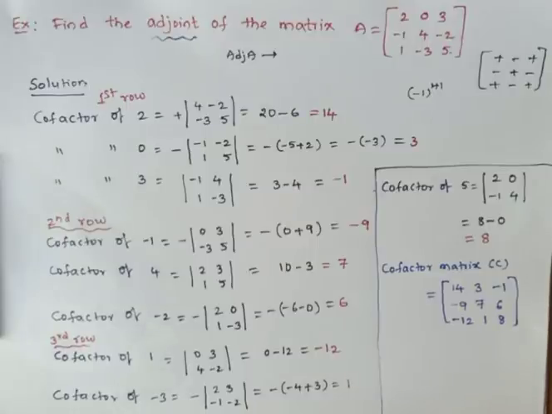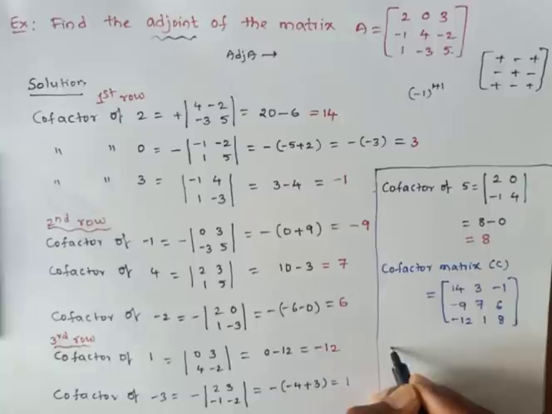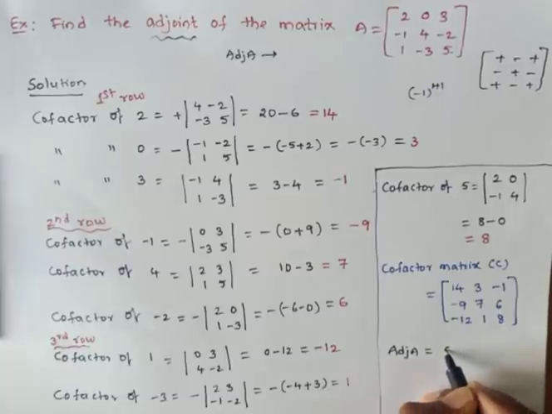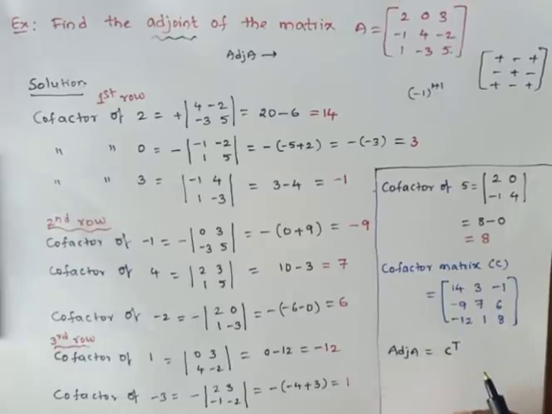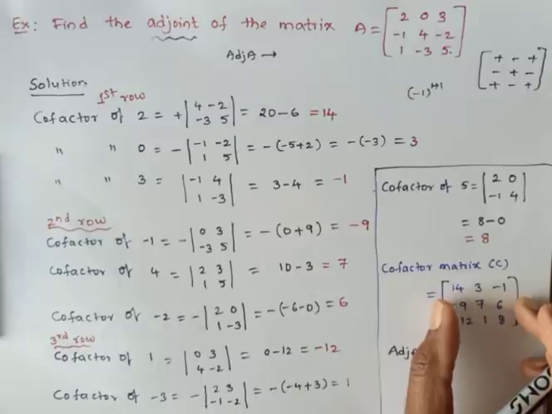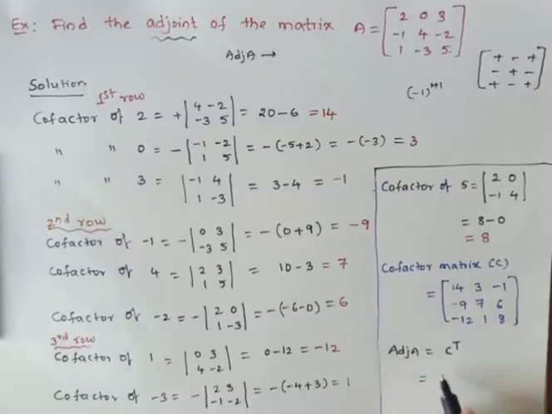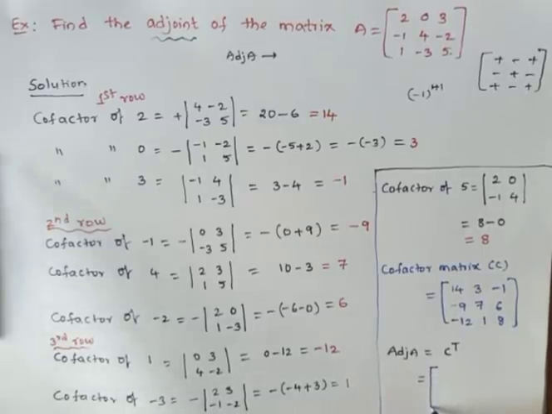But what do we have to find? We need to find the adjoint of the given square matrix. So what is the definition of adjoint? The adjoint of a matrix A is equal to the transpose of the cofactor matrix. Then you just need to write the transpose of this matrix, by interchanging the rows into columns.